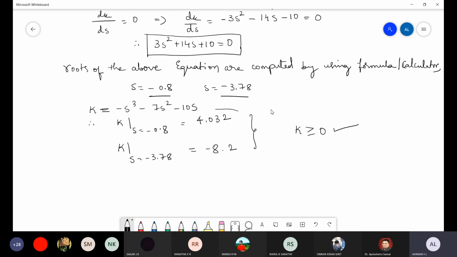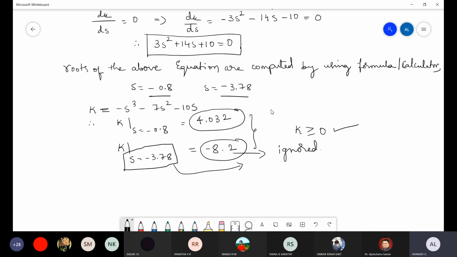So we consider that positive value, 4.032, as holding correct, and this minus 8.2 should be ignored. Once we ignore this value, the root value s equal to minus 3.78 also should be ignored. Clear? That is exactly the concept here.